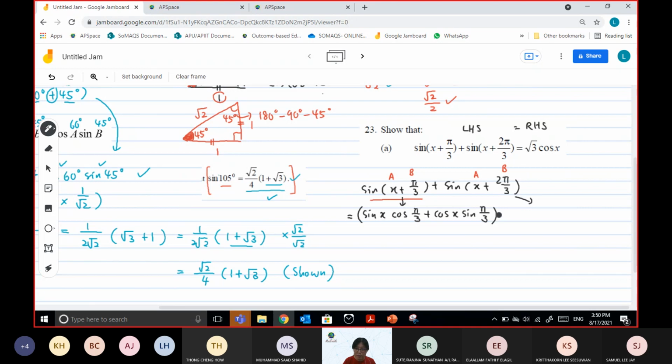Clear, right? Now the second part. Plus, using the same formula, sine x cos 2 pi over 3 plus cos x sine 2 pi over 3. Substitute into the formula.